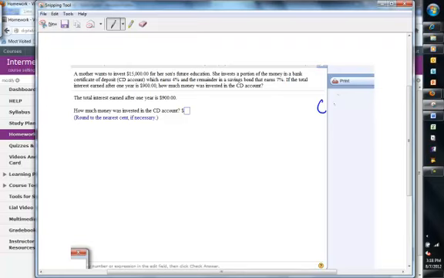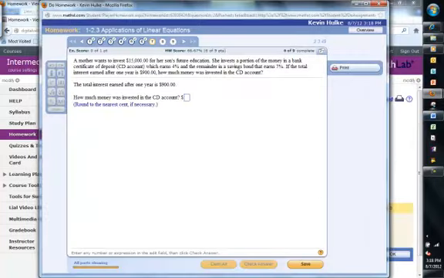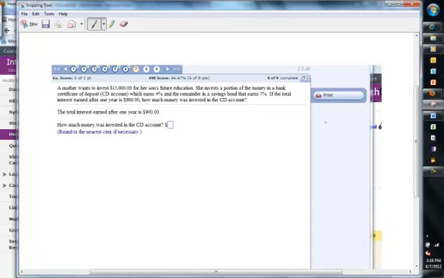So, oops, I gotta X that. It's not writing in the right spot. I'll try it again. Okay. So CD is what we want to know. Okay, let's use the letter C for CD. With these kind of problems, it makes sense to make a chart.